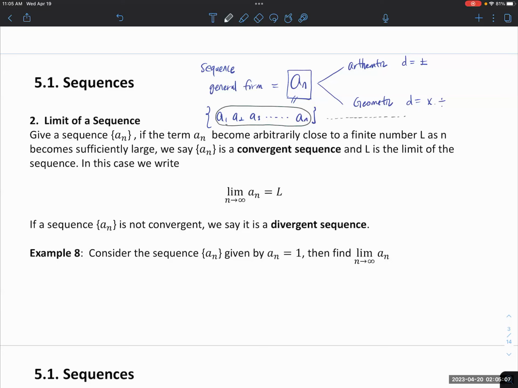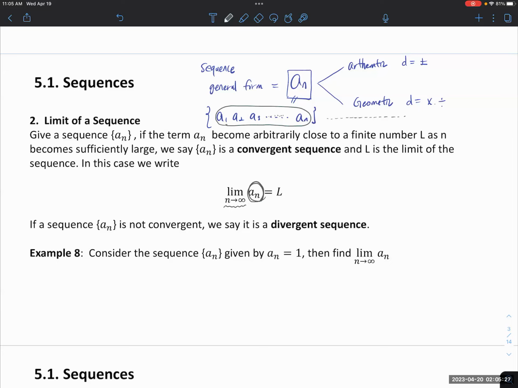I want to know whether there is a certain number that they're heading to. So the concept is I'm going to take the limit of the general form, because you keep finding the next number. As n approaches infinity, where is this number actually heading to?